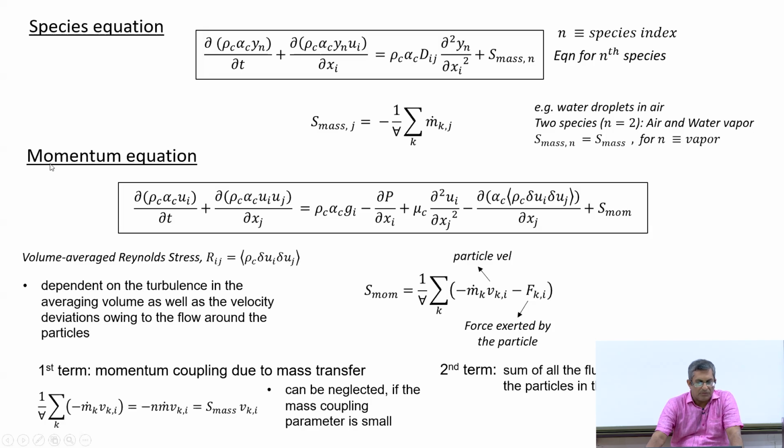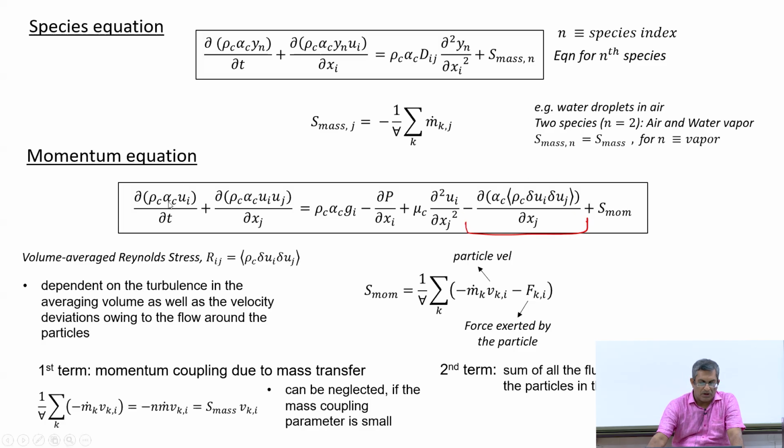Next, we have the momentum equation. In the momentum equation also, you see that there is now an extra term present. Here you need to look at this bit carefully. Apart from this, you have this term present as well. Why do we have this additional term in the momentum equation?